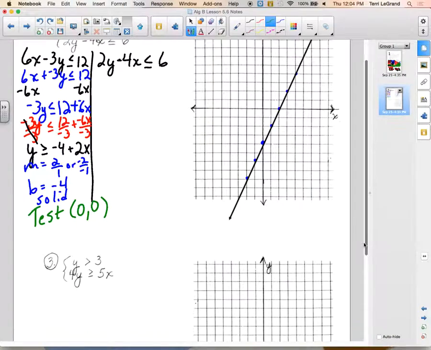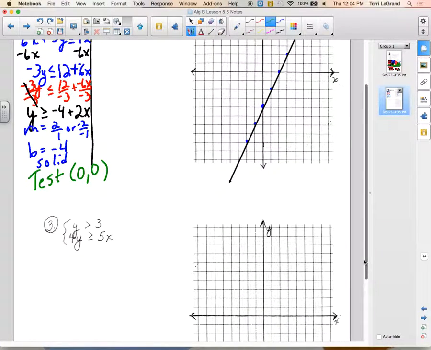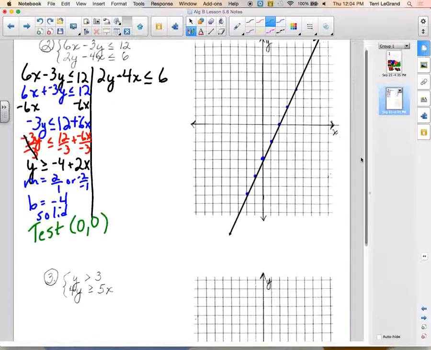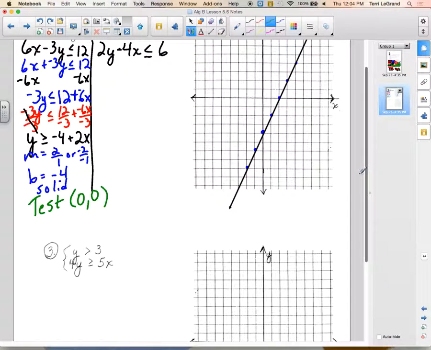Okay. So back in my original equation, I'm testing 0, 0. 6x minus 3y: 6 times 0 minus 3 times 0 is less than or equal to 12. Well, what happens on the left side? I love when the x's and y's are together on the same side and we're testing 0, 0.